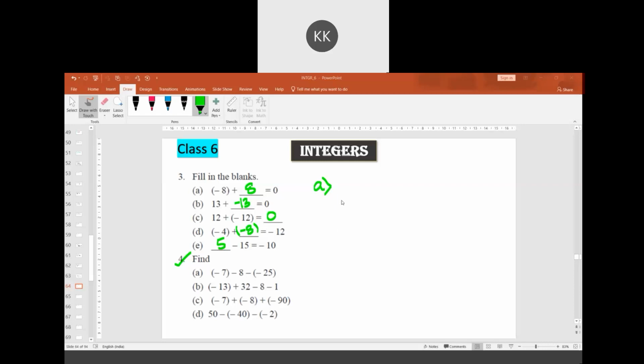Now I want you to listen to the first one. In the first, it's all minus sign here. So what I do is, I will write this as minus 7 instead of this minus, plus opposite of 8, which is minus 8. Now plus opposite of minus 25 is plus 25.